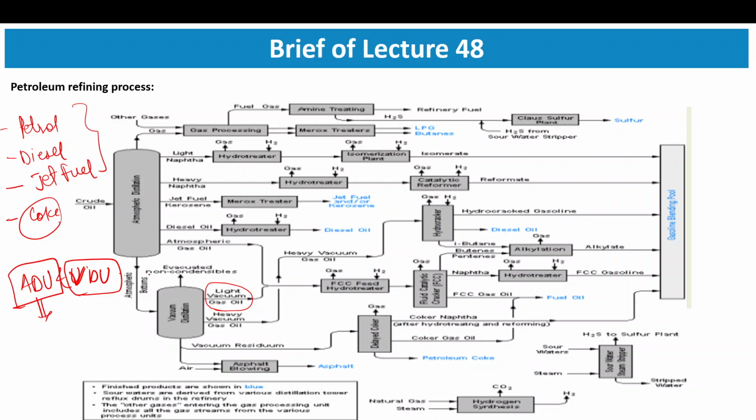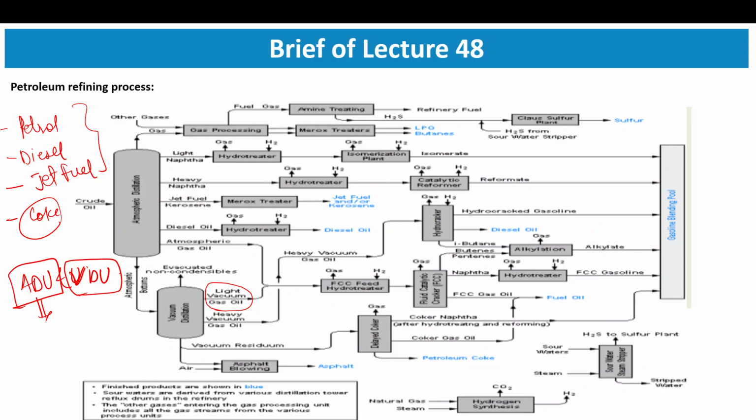But at the end of the atmospheric distillation unit, there are still bottom products which are not separated depending on the type of the carbon chain or depending on their boiling points and applications. Their boiling points are so high, so to reduce the amount of heat provided, we provide vacuum, because there is a relation between the surrounding pressure and the boiling points.